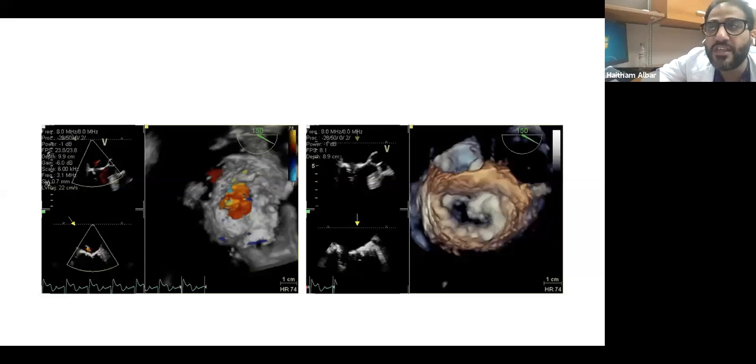Sometimes you will end up with, for example, a posterior mitral leaflet that is gone because of the decalcification, so at that area you need to cover it.